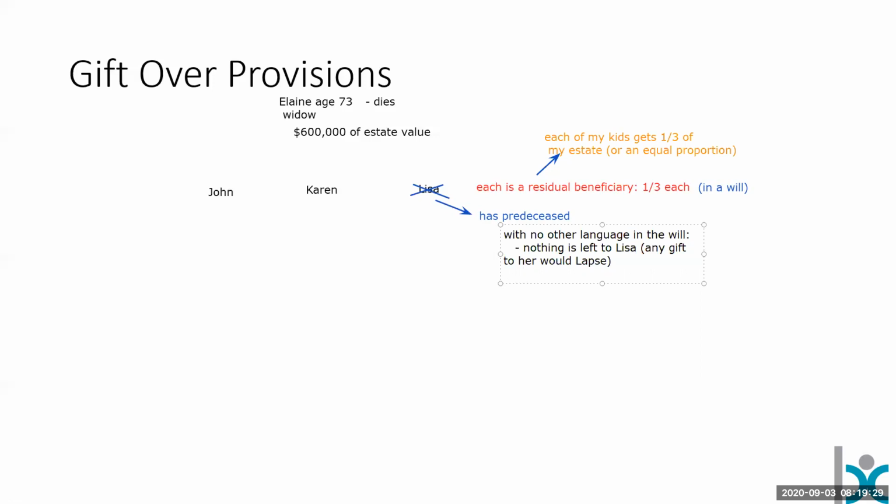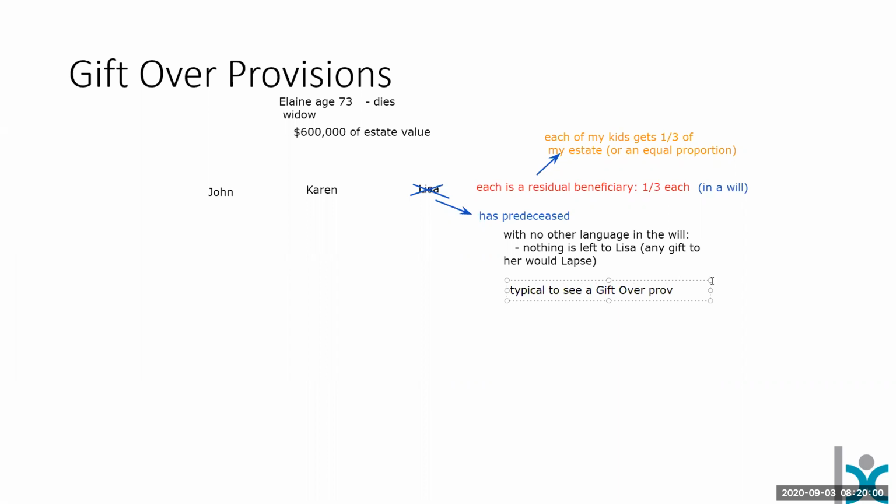However, it is pretty common with a lawyer drafted will. If you get a good will done by a lawyer who does a lot of wills work, it would be pretty typical to see something like this: a gift over provision.